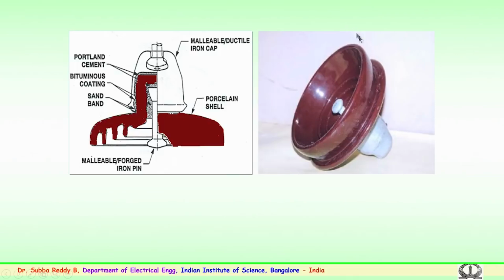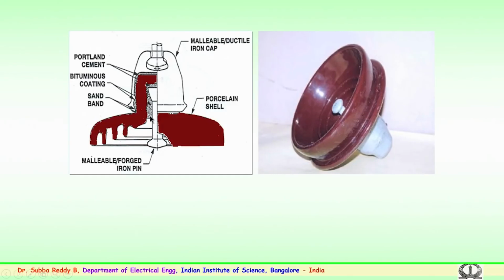This ceramic shell is integrated with the help of cement, that is Portland cement. The Portland cement helps in having the contact between the cap and the pin. You can see a portion of the Portland cement on the cap, which is mechanically coupling with the ceramic shell.